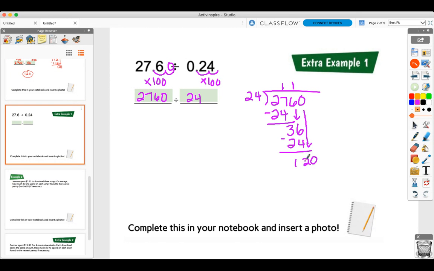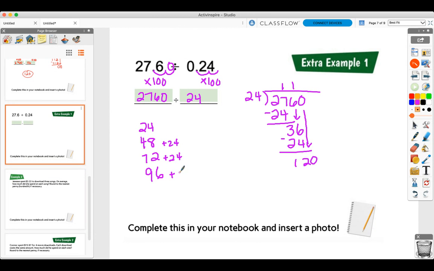24 goes into 120. We don't know. Let's work it out. 24 plus 24 is 48. Plus another 24 gives you 72. Plus another 24 gives you 96.